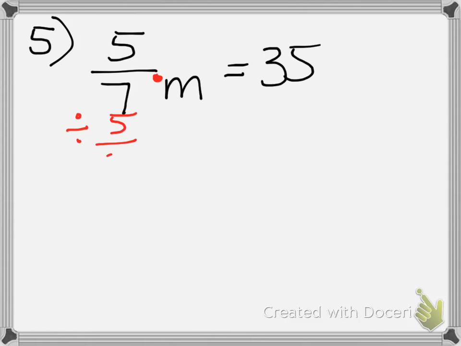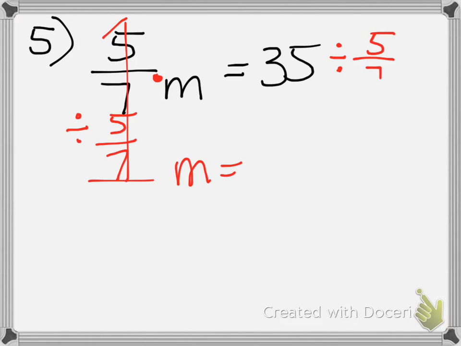5/7 divided by 5/7 turns into 1. We have m by itself now. Whatever you do to one side, you do to the other. Now look where I put the division on this other side. Put it right next to it. 35 divided by 5/7. And put a box around it too because I'm going to rewrite it.